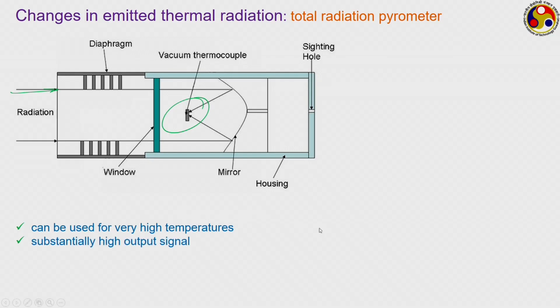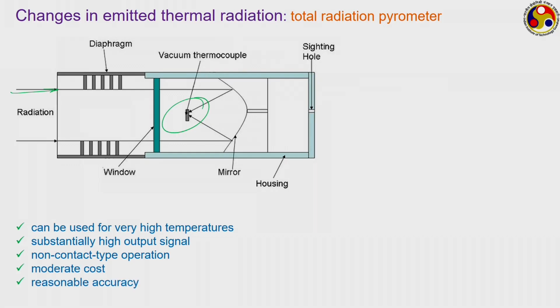We get a substantially high output signal here, which was a problem in the case of thermocouples. It is non-contact type operation, which is the biggest advantage for any kind of pyrometer. They are moderate cost, reasonably accurate, and have quite fast response, at least faster compared to liquid in glass thermometers or sometimes even RTDs.